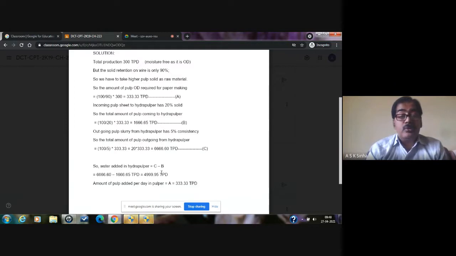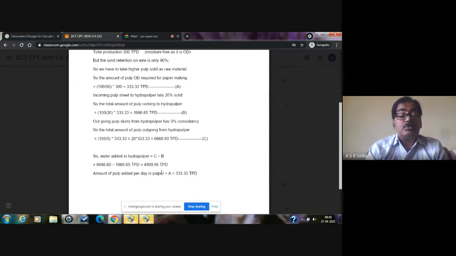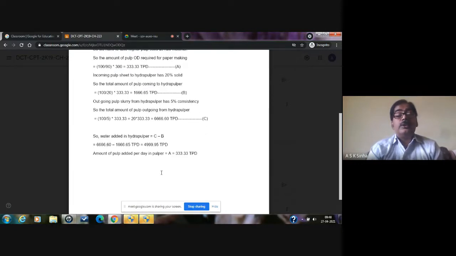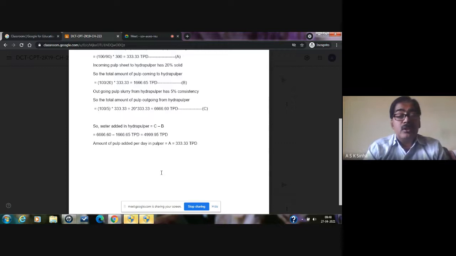Now we can calculate the amount of water that's being added in the Hydra pulper. That will be C minus B. This is the total after dilution. This is the total before dilution. So if you take the difference, it will give the amount of the dilution water.